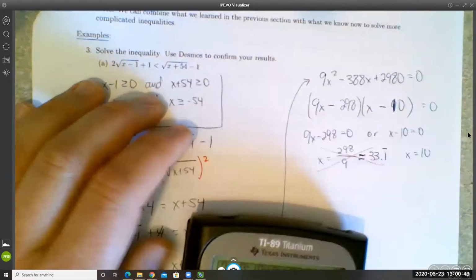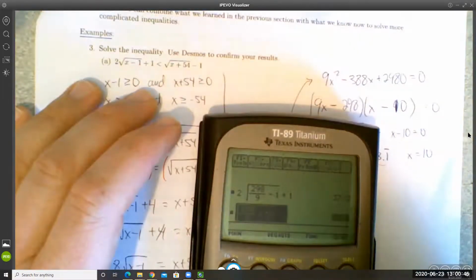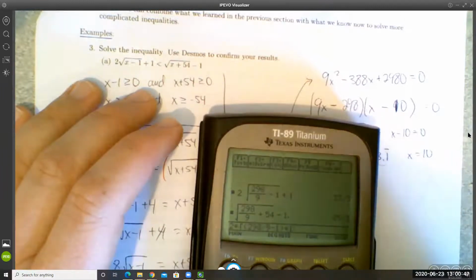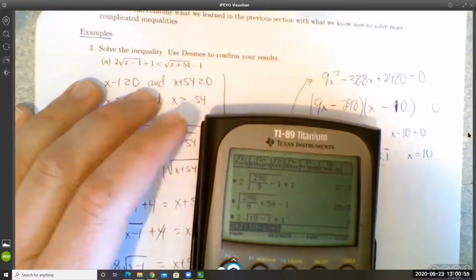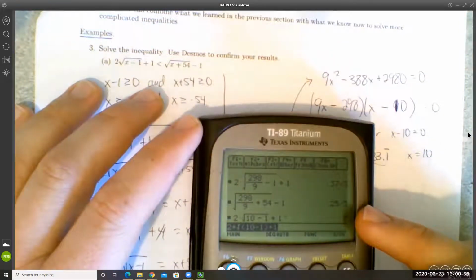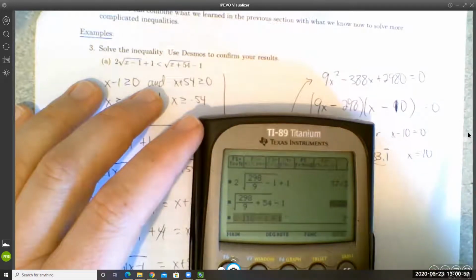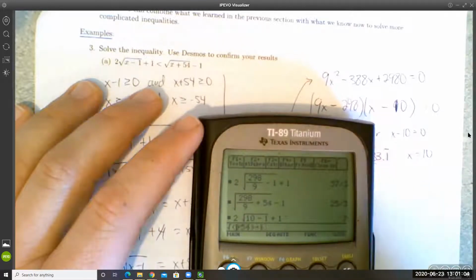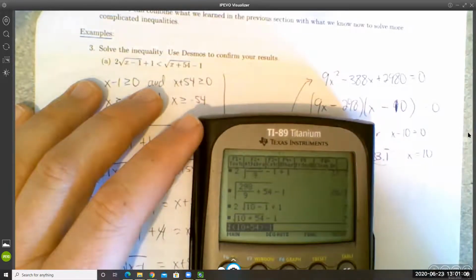Let's try x equals 10. If I plug in 10, I get 7 on the left-hand side. And I get 7 on the right-hand side.